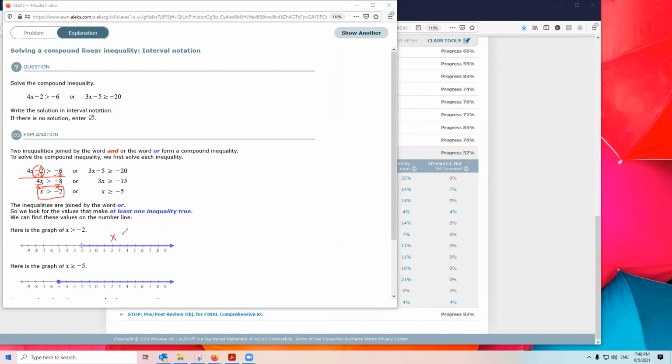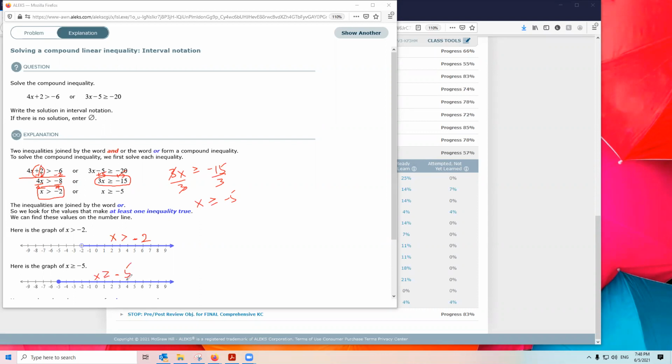Well, here's the graph of x greater than -2. Let me solve the other inequality. I'm going to add 5 to both sides here. That's going to get me 3x is greater than or equal to -15. I'll divide both sides by 3. That gets me x is greater than or equal to -5.